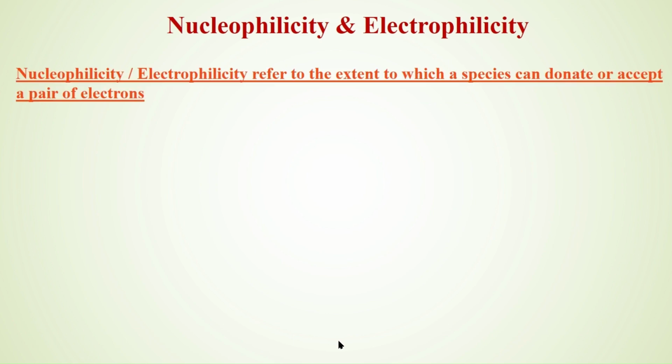Nucleophilicity or electrophilicity is the term used to refer to how much a species can donate or accept a pair of electrons. The higher the nucleophilicity, the higher the donating capacity, and the lesser the nucleophilicity, the lesser the donating capacity, and vice versa. To what extent the species can donate or accept the pair of electrons is represented as the nucleophilicity and electrophilicity of the particular nucleophile or electrophile.